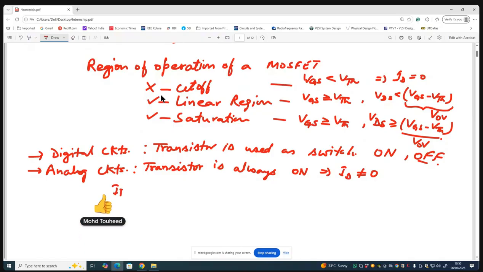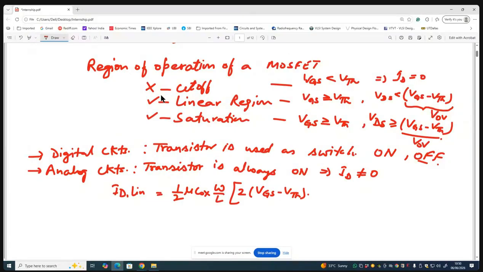So I can write ID linear as half mu Cox W upon L, then 2 times VGS minus VTH into VDS minus VDS square. Did I write it correct?